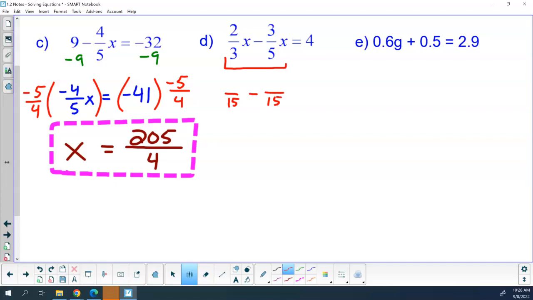So to go from 3 to 15, I multiplied by 5, so that one's going to be 10. 2 times 5 is 10. To go from 5 to 15, I multiplied by 3. 3 times 3 is 9, so that one's 9. So this simplifies to be 1/15 x equals 4.